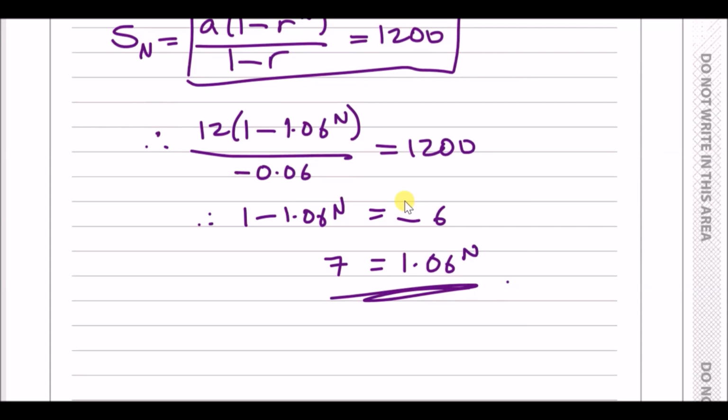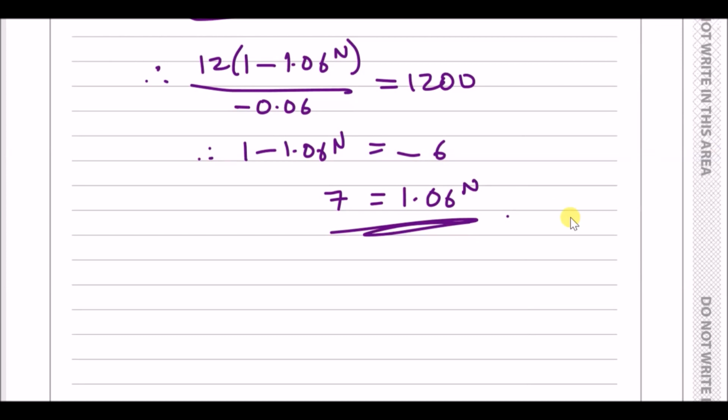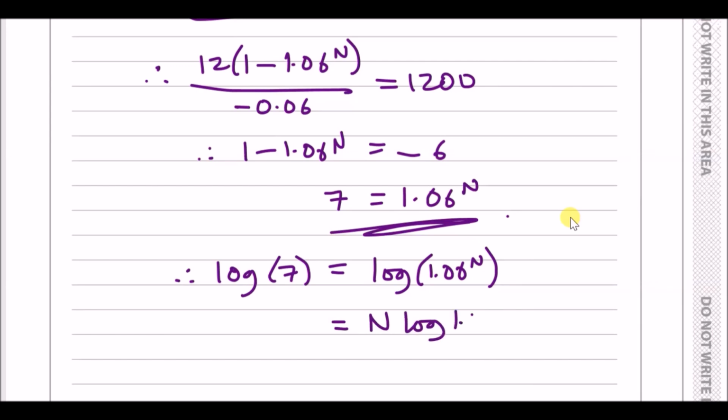Okay, so now looks all good so far. But the next thing is to somehow work out that value n. So what I would personally recommend, just take logs, yeah? If you take logs, it will drop the n down to the ground. So let's do it. We're going to have now log of 7 equals the log of 1.06 to the power n. And from here, n becomes a term in front. So it'll be n times log 1.06 equal to log 7.